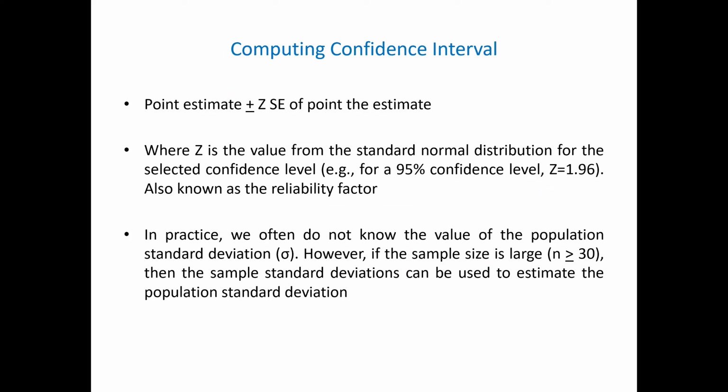But let me go to, okay, how do you compute it? Point estimate, either mean or whatever, plus or minus the z score. That's z. Who can tell me the value of z at 95% confidence level? What is the value? I want a smart person to tell me.